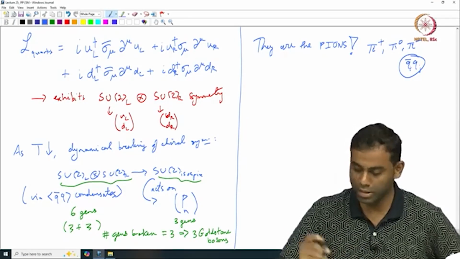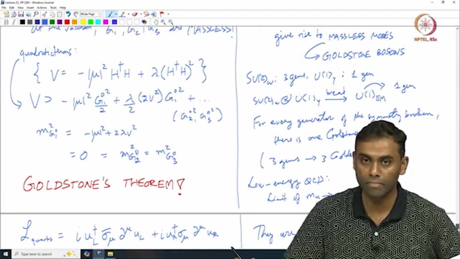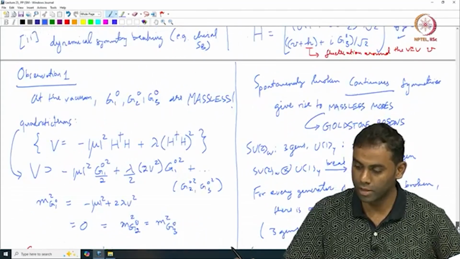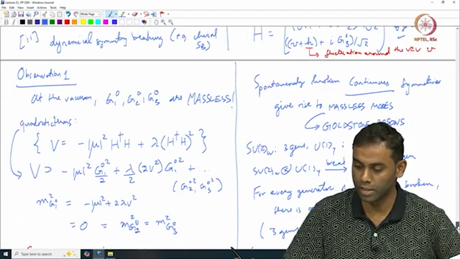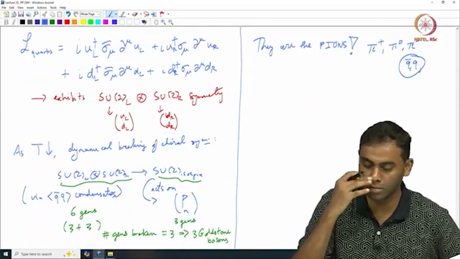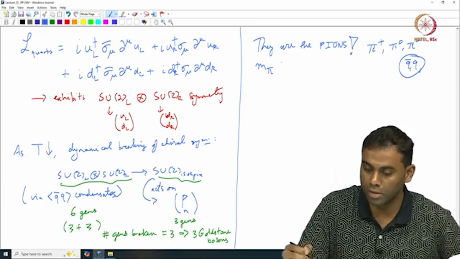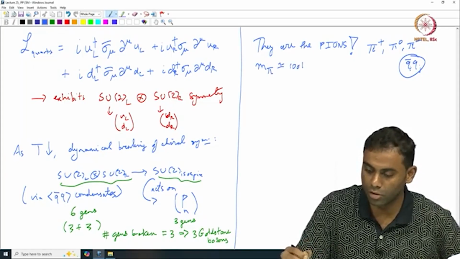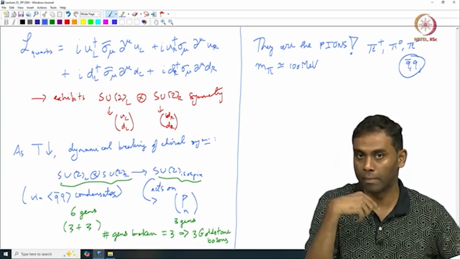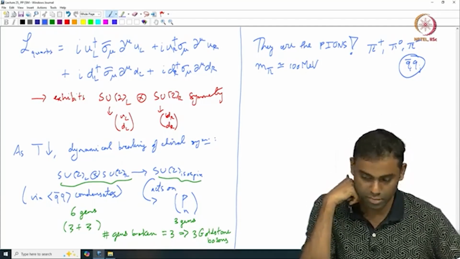I just said that the Goldstone bosons are supposed to be massless, correct. That is what the Goldstone theorem tells you. Spontaneously broken continuous symmetries give rise to massless modes, but pions have a mass. The pions are all around 100 MeV, order of magnitude. So, what are we talking about here? How can they be Goldstones?